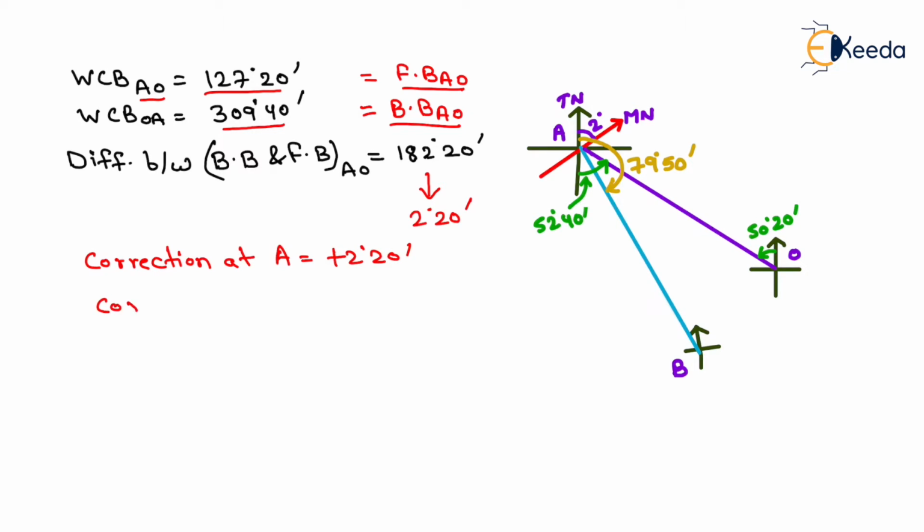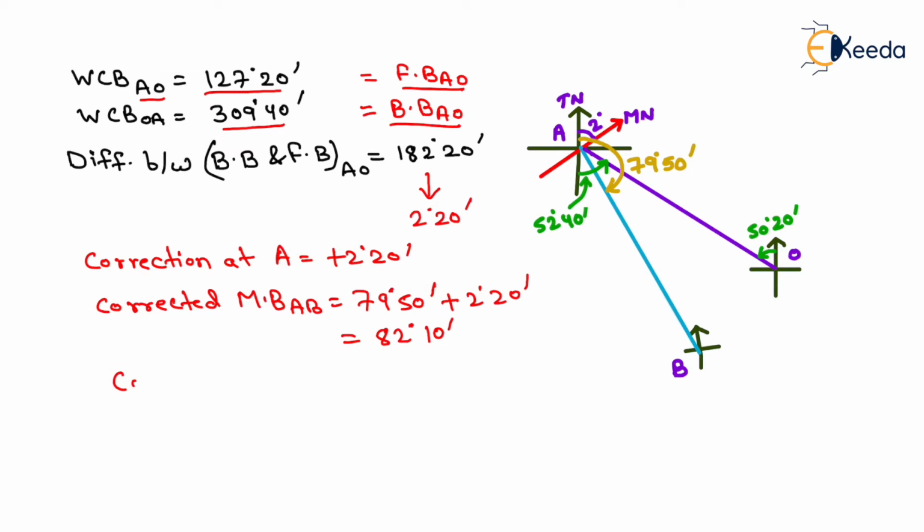So corrected magnetic bearing of AB will be equals to 79 degree 50 minutes plus 2 degree 20 minute. It will be equals to 82 degree 10 minutes. But in the question we need to determine the true bearing of AB.